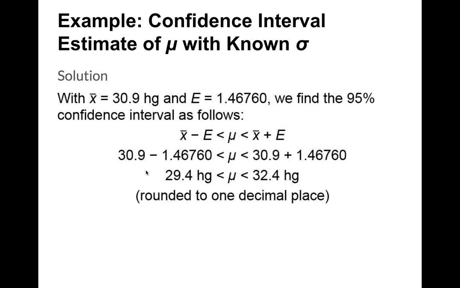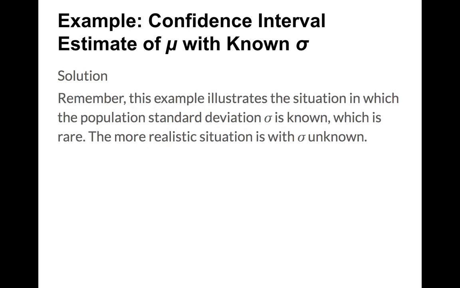It doesn't matter too much. Either way, we take our sample mean and subtract the margin of error, and then add the margin of error. We get this interval of 29.4 hectograms to 32.4 hectograms. So with 95% confidence, we can say that the true mean of weights of girls is between 29.4 hectograms and 32.4 hectograms.